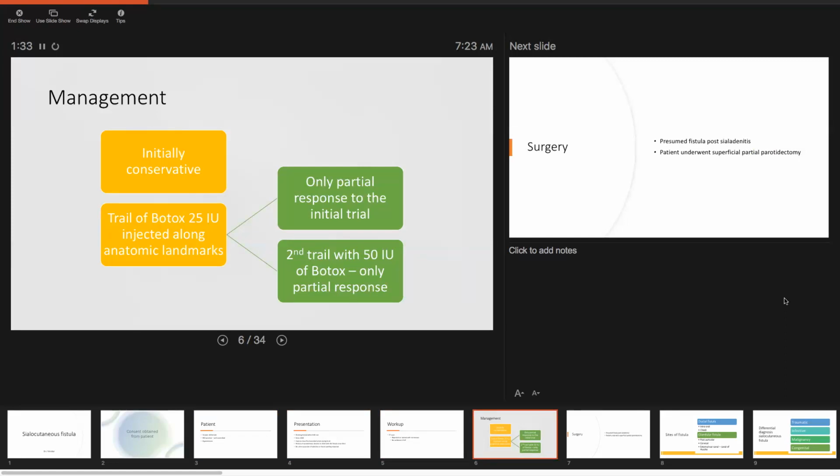She only had a partial response, with continuous salivary discharge, but just decreased in amount over the following 3 months. And then seen again after that, she had a second trial of Botox, this time 50 international units, and again showed only a partial response to that.